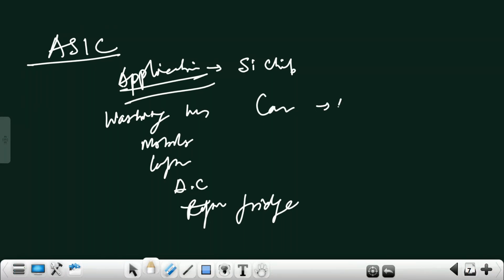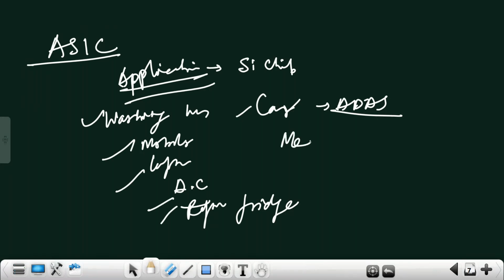Nowadays we are having ADAS systems, right? Okay. What else? Many applications, even in medical, right? Medical applications. There are a lot of medical applications.